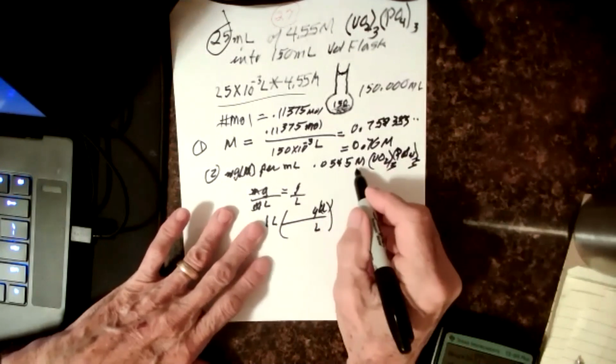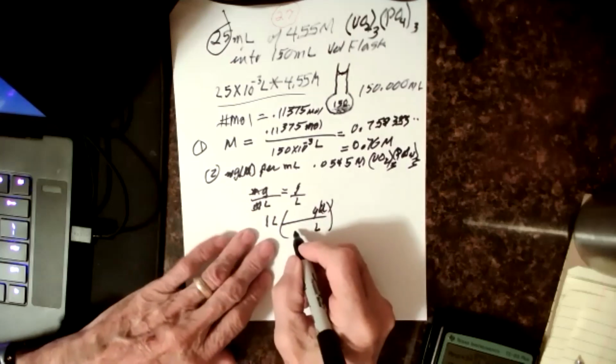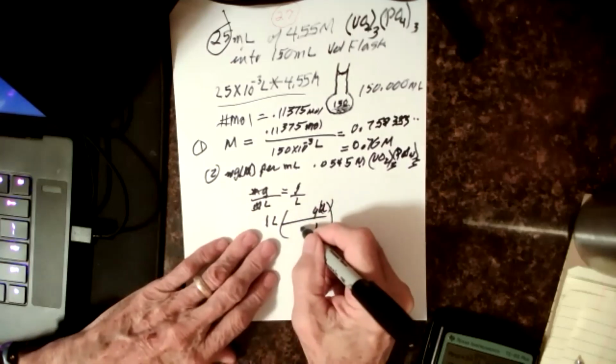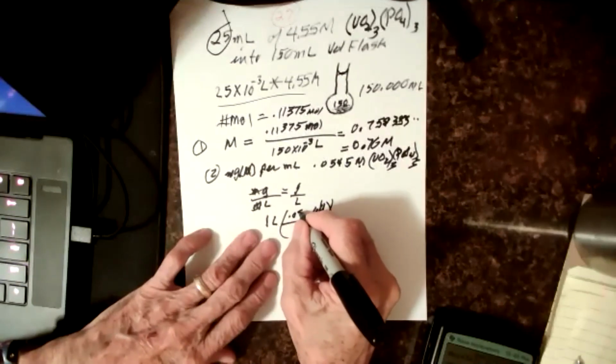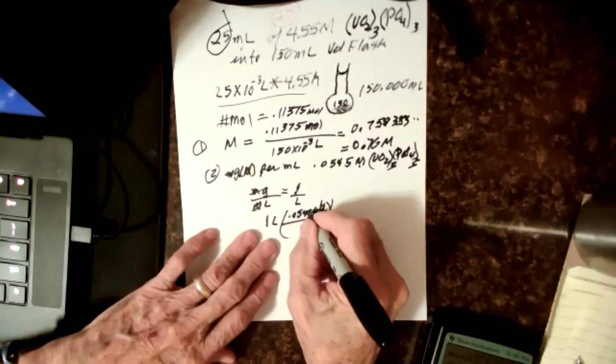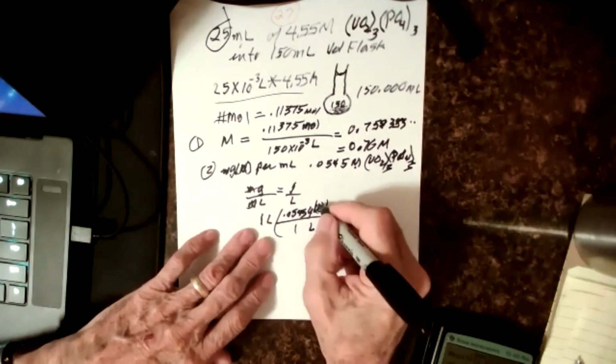Okay, look at my concentration. The number of moles in 1 liter would be 0.0545 moles of the compound.